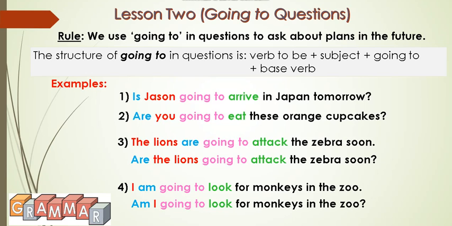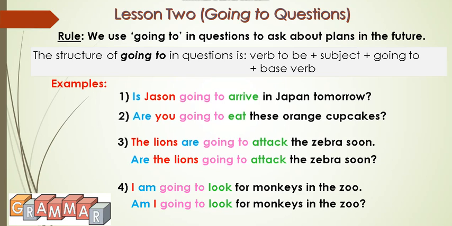What should I do? I should flip the verb to be and the subject. So I will place it at the beginning of the sentence, and the lions, which is the complete subject, follows. So it will be, are the lions going to attack the zebra soon?